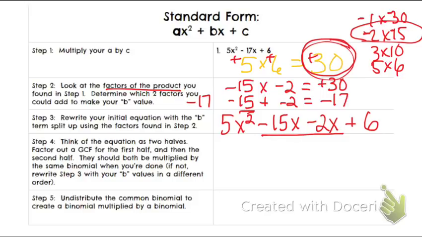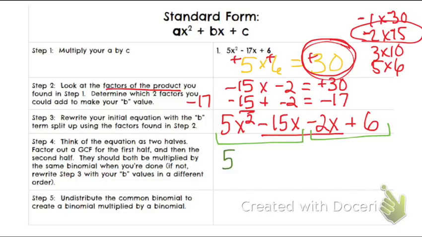Step 4 is to think of the equation now as two halves. We've got our first half and our second half. I'm going to factor out a greatest common factor for the first half of my equation and then the second half. So I'm looking at 5x squared minus 15x. That's the first half of my equation.